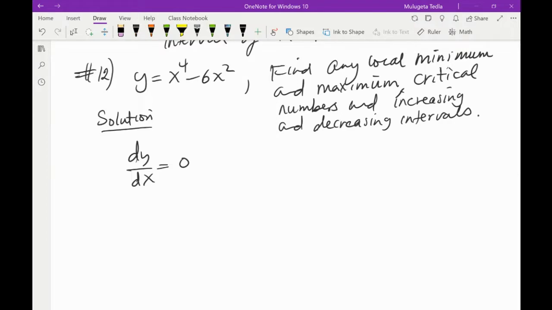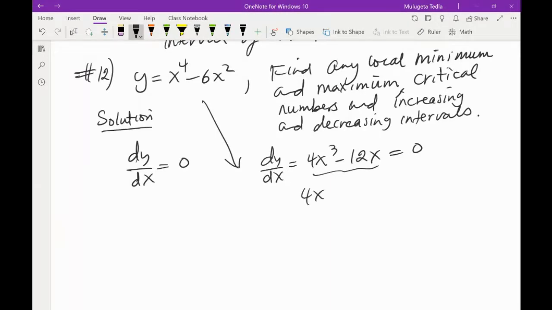Okay, so what is the derivative for this? The derivative is dy by dx equals 4x cubed minus 12x. I found the derivative. And when I set it to 0, I got to factor. Because there is x on both and there is 4 on both, I can factor 4x.